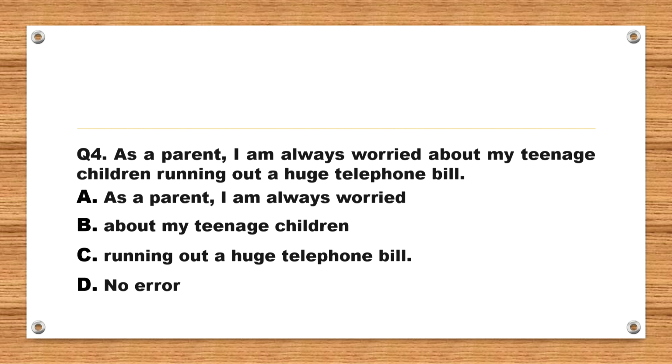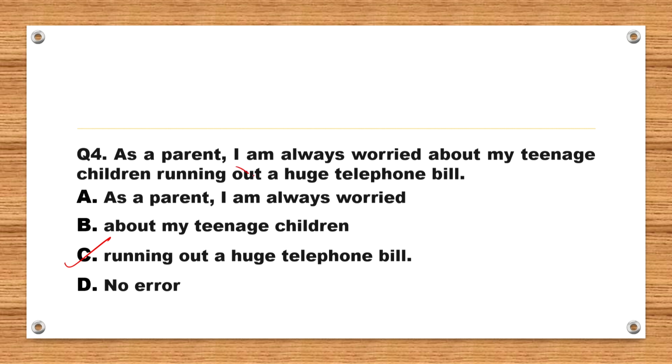Let's discuss. As a parent, I'm always worried about my teenage children running out a huge telephone bill. So the error is in option C. Running out means to get used up, be exhausted, that is, of something getting finished. Hence, its use is wrong over here.